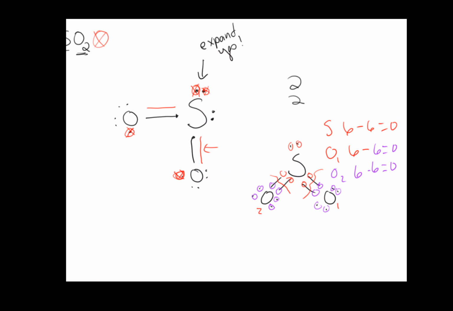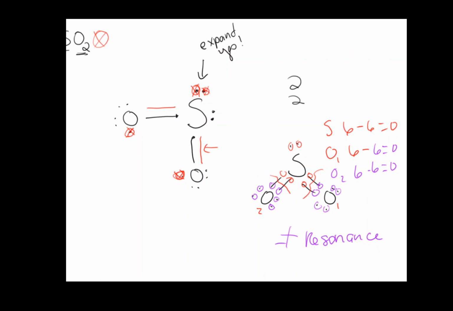All right, I've checked my octets. I've checked my formal charges. Did I put a multiple bond in one location when I could have put it in an identical location? Now, I did put a multiple bond in here, but I didn't choose between locations, so there is no resonance. And I am left with my chemical common sense.